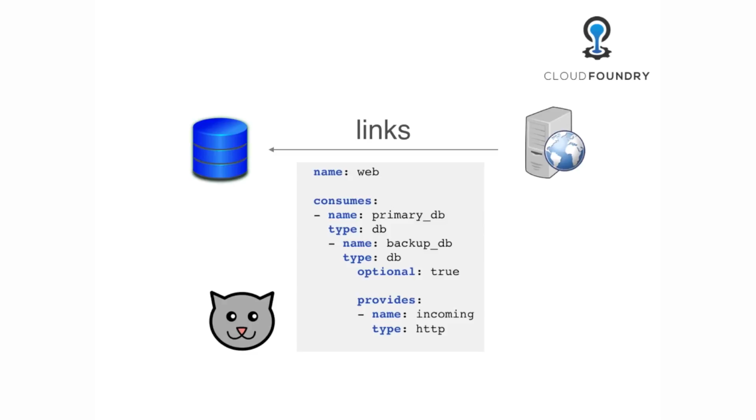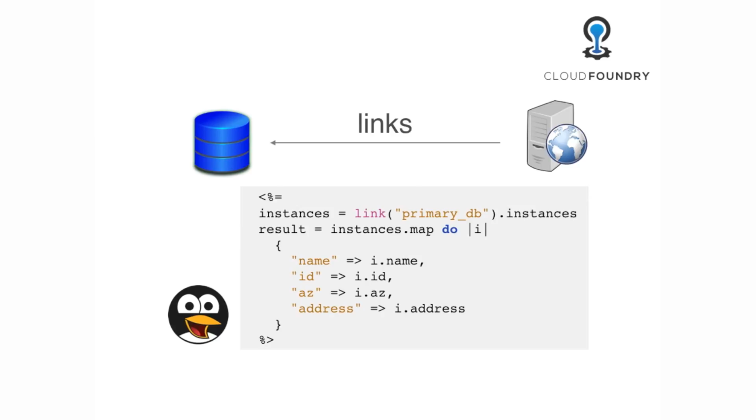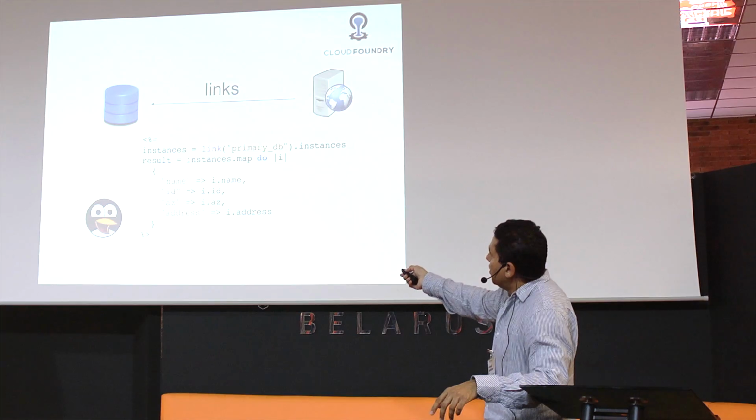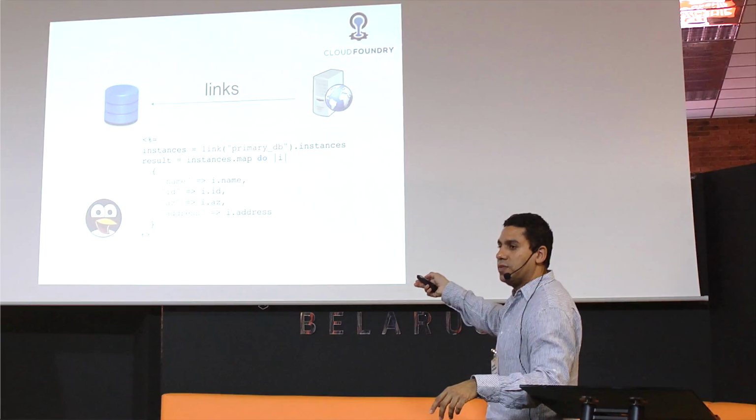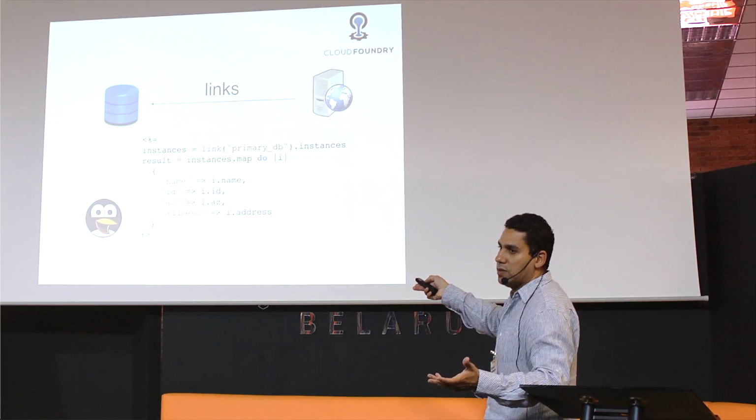And then when you write your release, let me show you this. You can say, for instance, I want to look at the link of this primary IP DB. So you're not specifying the IP addresses directly. You're saying I have a link to it, so that gets resolved at runtime, or at deploy time, I should say.